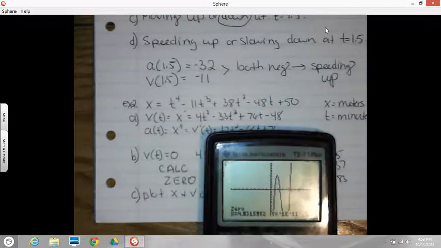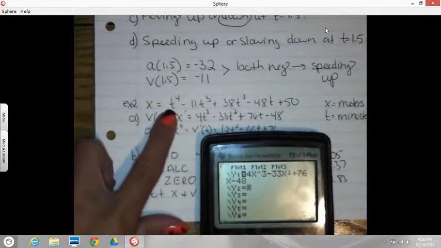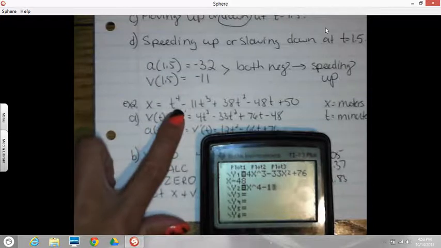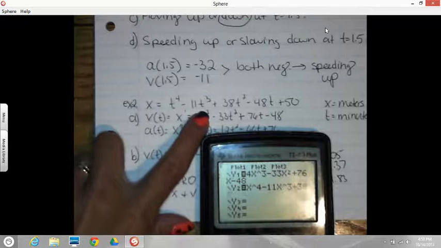So let's go back and put in the distance graph: x to the 4th minus 11x cubed plus 38x squared minus 48x plus 50. And I'll make this one the fat graph.